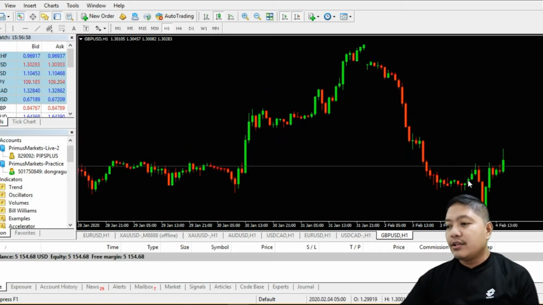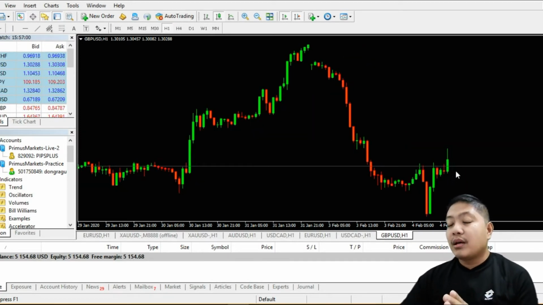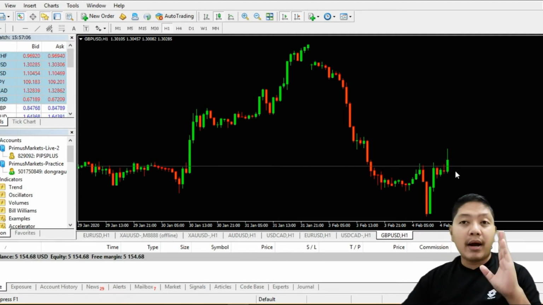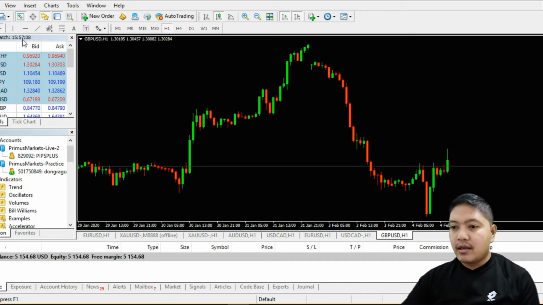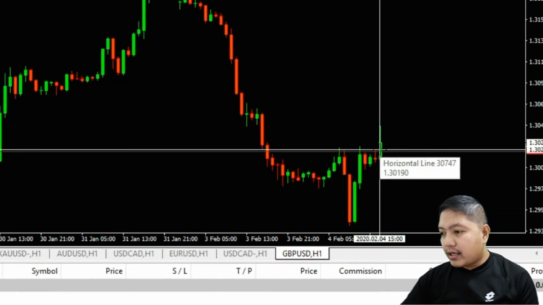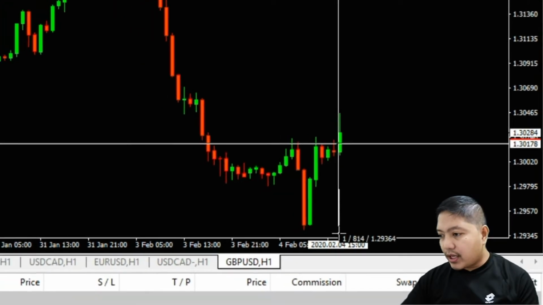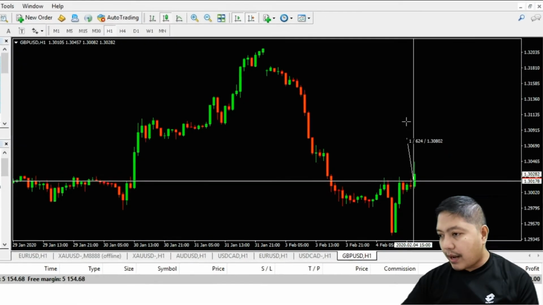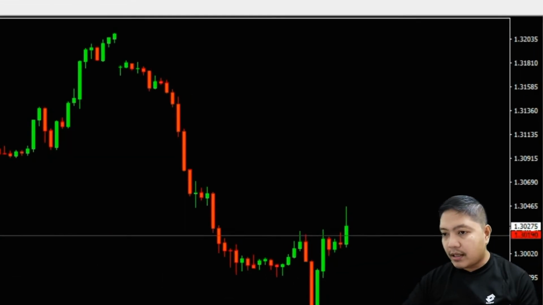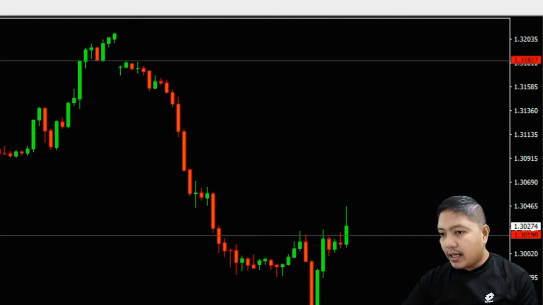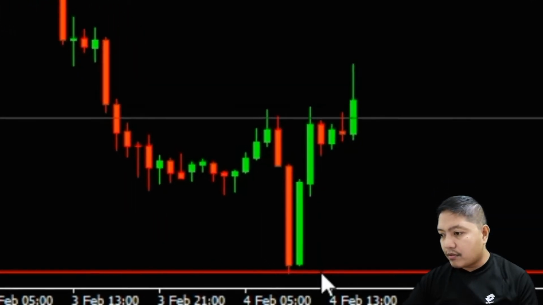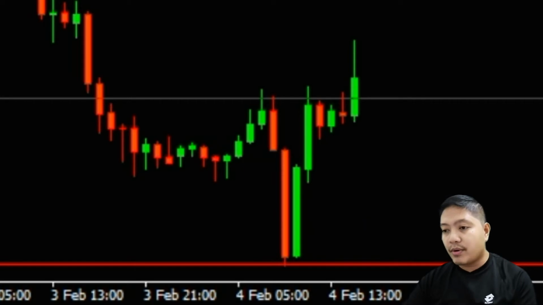Let's say I'm going to open a buy trade and I identify how much my possible loss is. Let's say I put the TP here, and this is my stop loss over here, the lowest one, right?